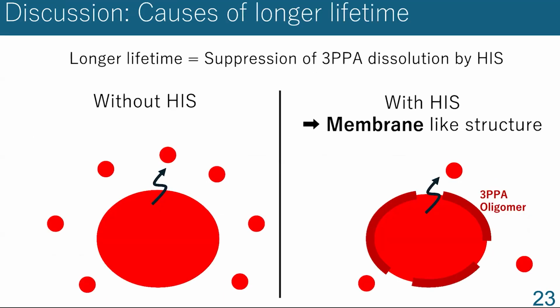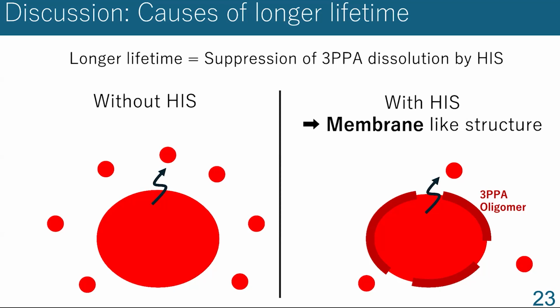This is the discussion of the second part, the cause of the longer lifetime. By the reaction, we could see a longer lifetime of 3-PPA droplet movement, and this is caused by the suppression of 3-PPA dissolution by histidine. The mechanism of moving is the dissolution of 3-PPA into the solution phase by SDS.